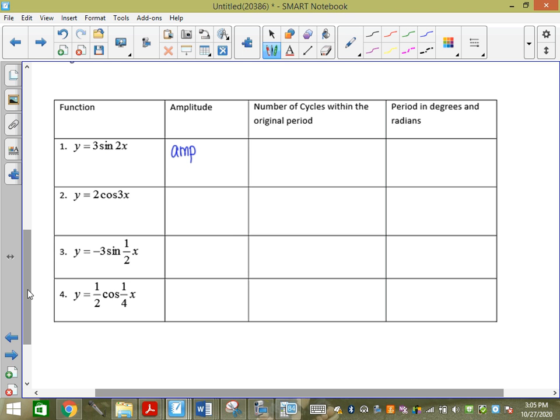Amp is like wattage. Like you can play music with an amp. Amp is not amplitude. Amplitude is amplitude. So the amplitude of this one is the absolute value of 3, which is just 3. We agree? What's the amplitude of this one? 2.